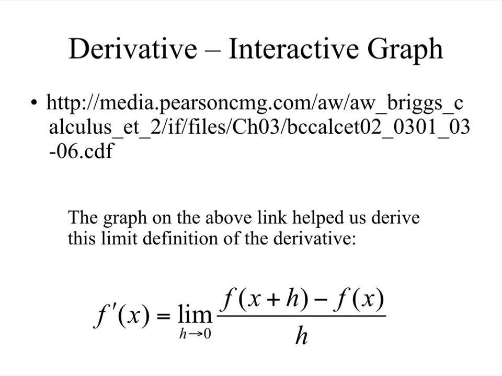This link will be active when you go into the PowerPoint through Blackboard. You'll be able to go into a picture that we used in class, or one similar to the one we used in class, where we came up with this definition of derivative by saying if we had the point x and another point that was a distance h away, we called that point x plus h.